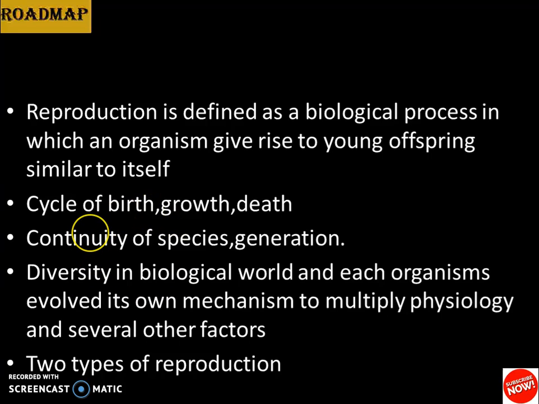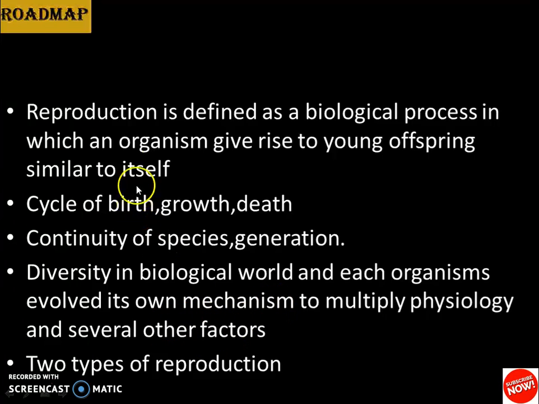Birth takes place, growth occurs, and then death takes place. Then the continuity of species and generations takes place, along with the diversity in the biological world, and each organism evolved its own mechanism to multiply, physiological and several other factors.